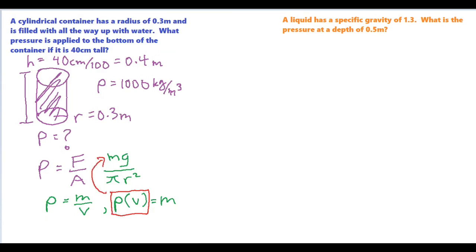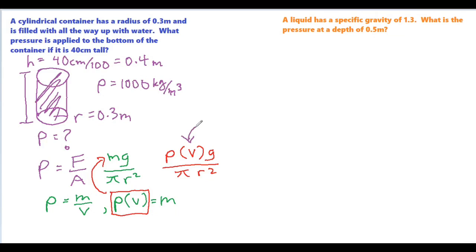So I can do a little substitution there and slide it into my numerator. So now I have rho V g over pi r squared. And then from there, we can make one final substitution, and that will simplify things quite a bit. That substitution is going to be using the volume of a cylinder formula.